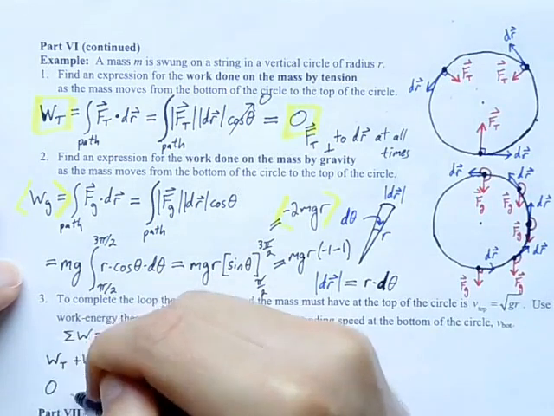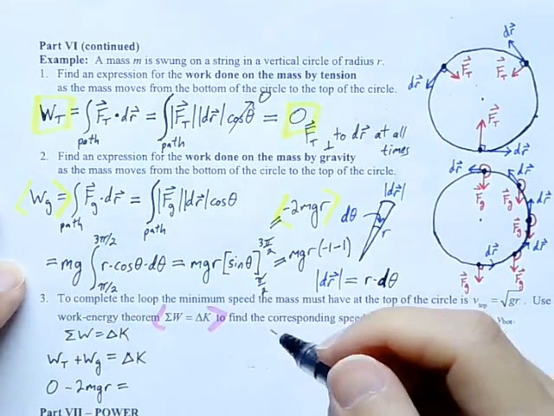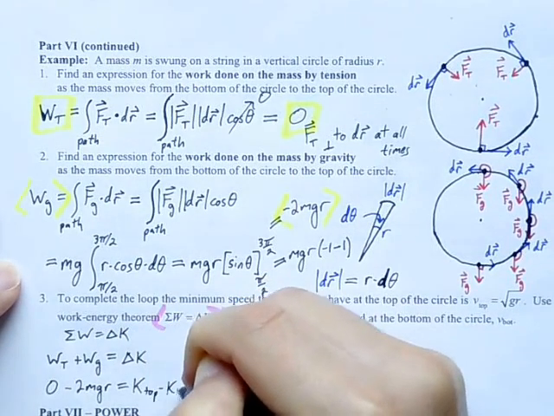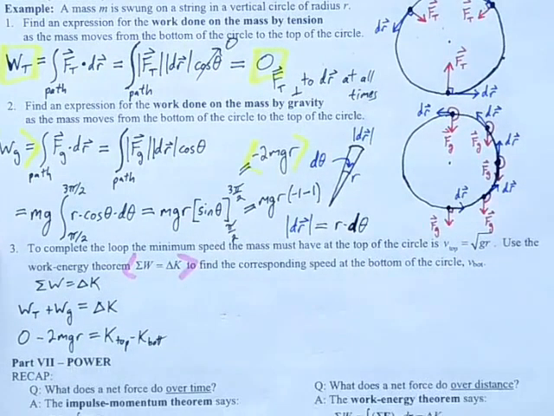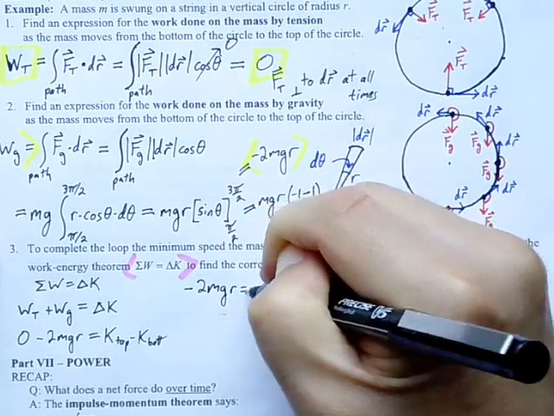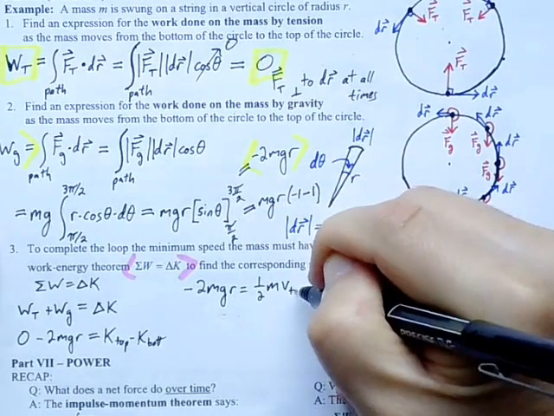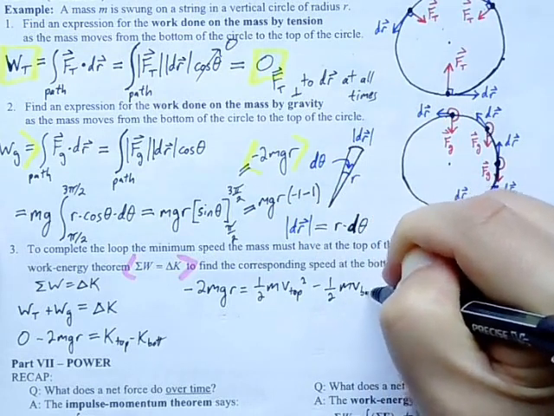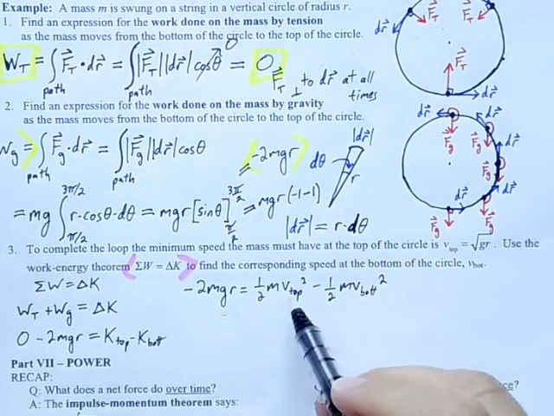So 0 minus 2mgr equals our change in kinetic energy, which equals the kinetic energy at the top minus the kinetic energy at the bottom. So we write negative 2mgr equals 1/2 m v top squared minus 1/2 m v bottom squared.